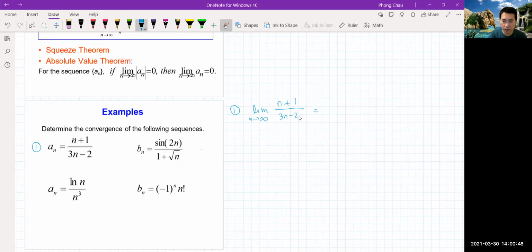I'm going to review quickly here. One way to do it when you have a rational expression is to divide the top and bottom by the highest power of the denominator. The denominator here has degree 1.